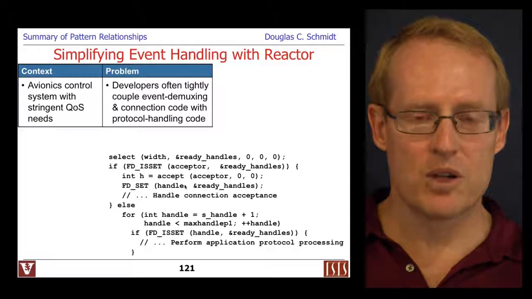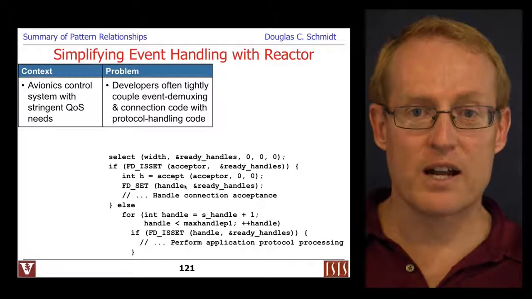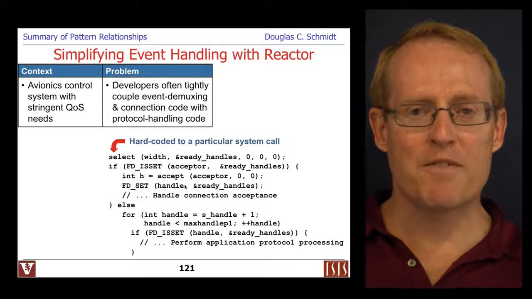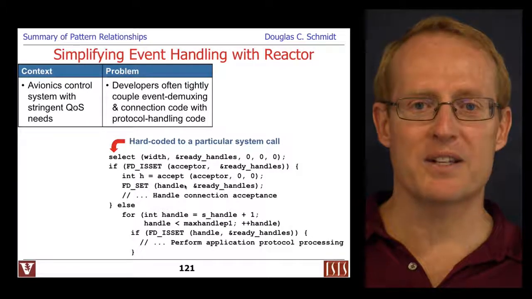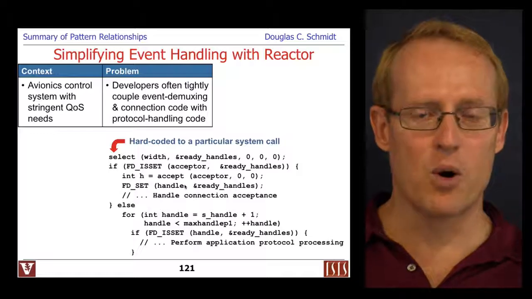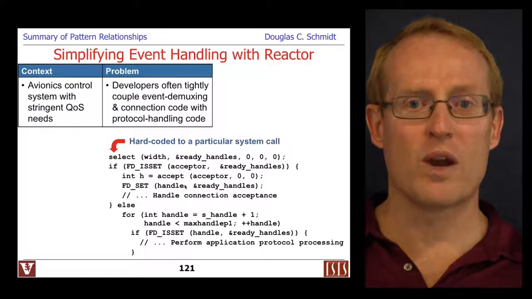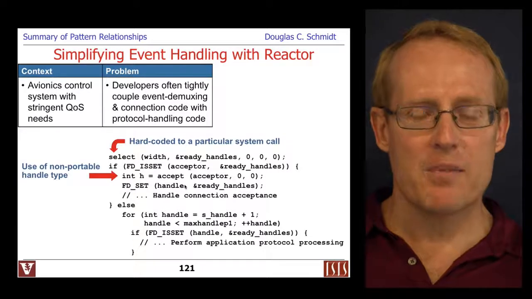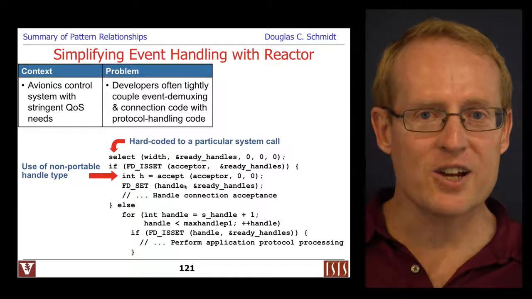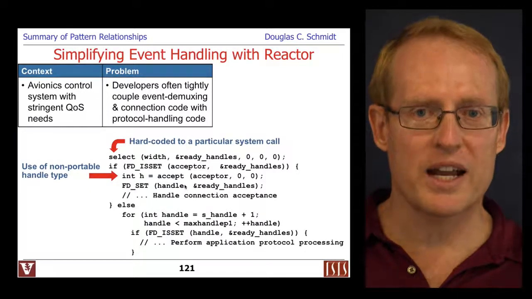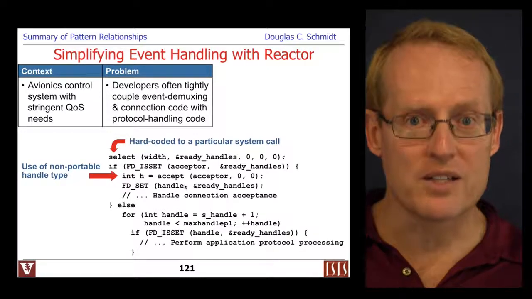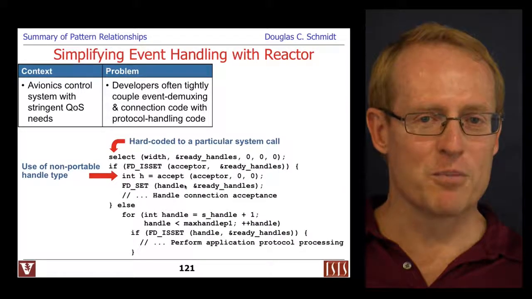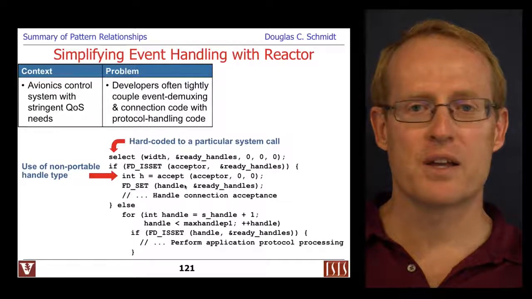Here's a simple code snippet that illustrates a very common problem. People will often hard code the use of particular event demultiplexing mechanisms, things like select or poll or dev poll or wait for multiple objects. They may also use specifics of particular platform-centric communication mechanisms, such as sockets for Unix, which will break if you move to different platforms where you want to use different mechanisms.